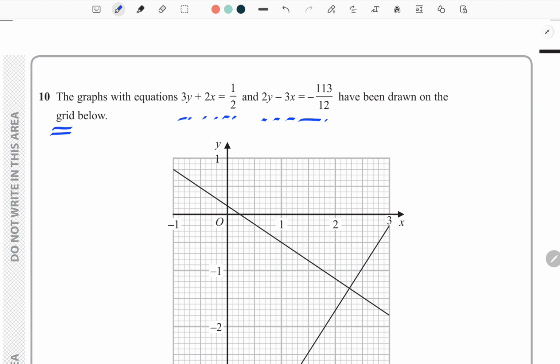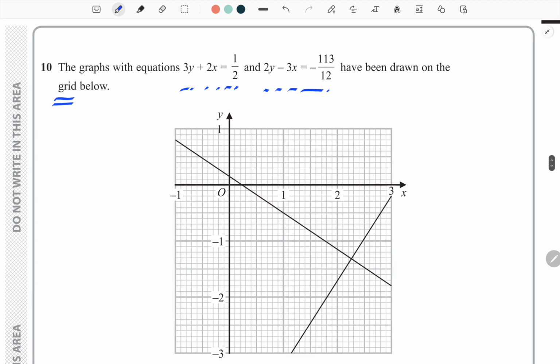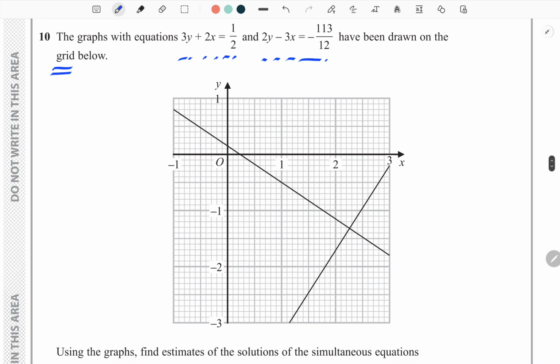So you don't have to plot it and you don't have to work out the equation of the line, etc. And I'm going to say straight away, I've done a complete revision of simultaneous equations, so do check that out as well if that helps.